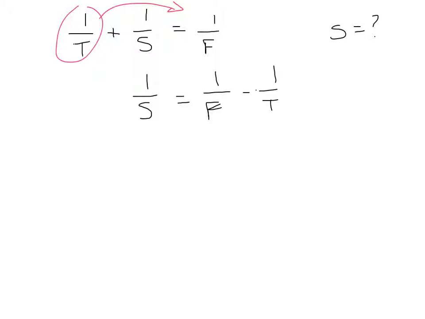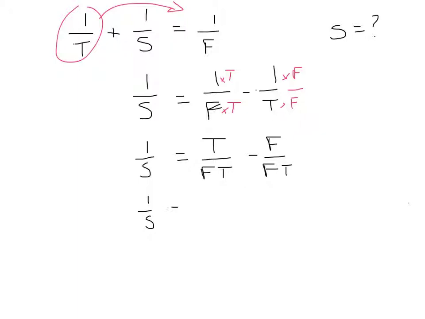So the first bit we're going to have to multiply by t over t, and the second bit we'll need to multiply by f over f, which will give us 1 over s is equal to t over ft take away f over ft, or 1 over s will be equal to t minus f over ft.